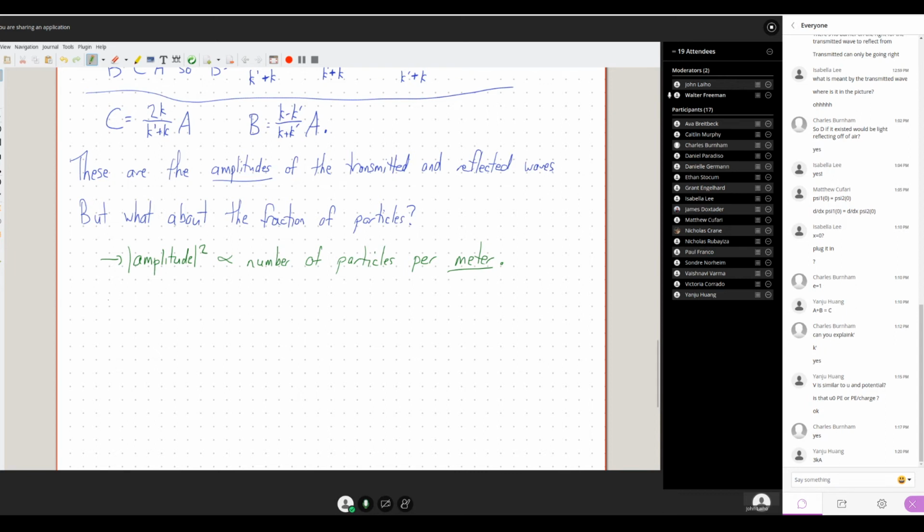But we want the number of particles per time. So if I have an electron gun shooting particles at a boundary, what fraction of them will penetrate the boundary? So how do I convert from knowing a number of particles per meter to a number of particles per time?